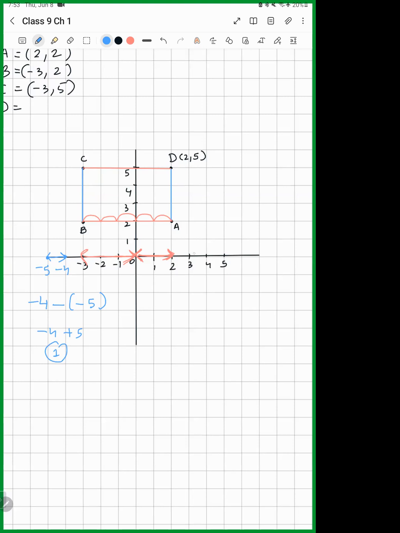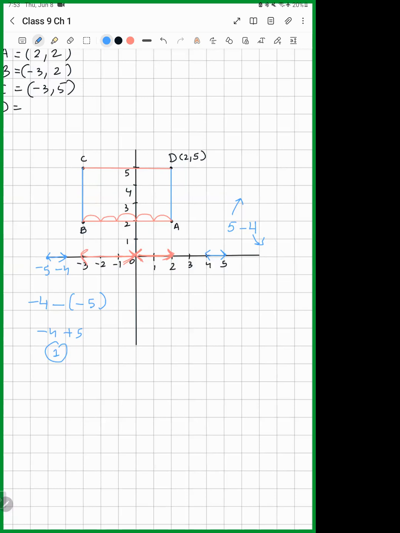Just like if someone asks you to find the distance between 4 and 5, you say 5 minus 4, because 5 is the bigger number and 4 is the smaller number. Similarly, over here you say minus 4 minus minus 5. Get it? Yes, ma'am.